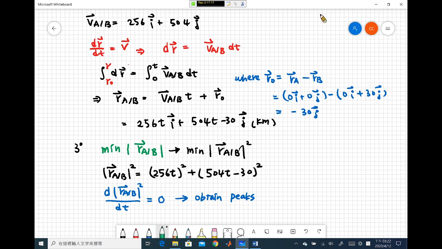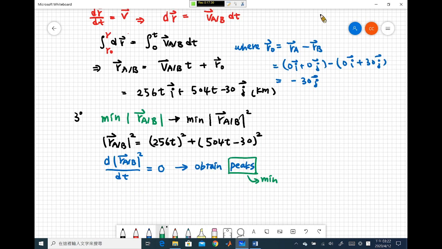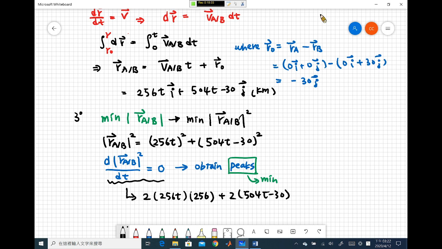So that means these peaks will be minimum. Okay. So based on this equation, it will become 2 times 256 times 256 t plus 2 times 504 times 504 t minus 30, and you keep doing the differentiation, and the sum is 0.